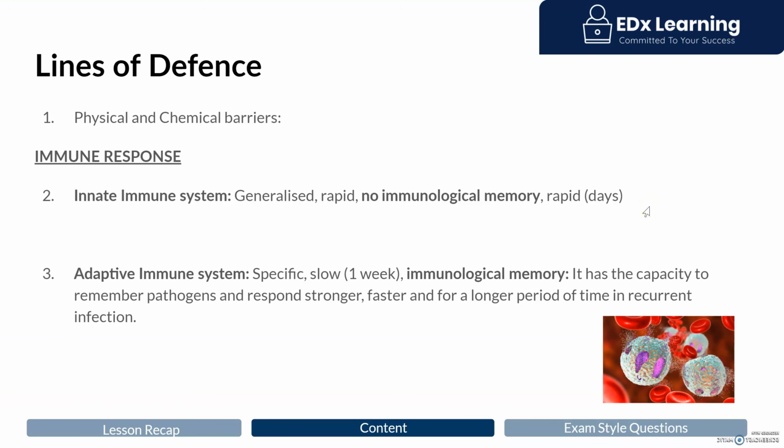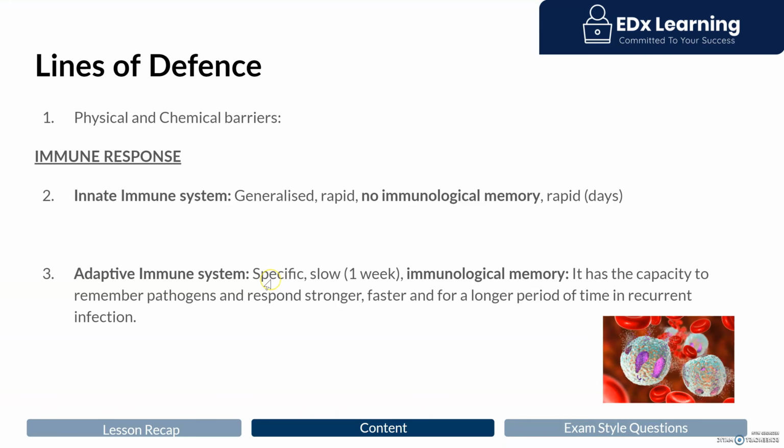No matter how many times you're exposed to a particular pathogen, it'll respond the exact same way. And that is why we say it has no immunological memory. It doesn't have this amazing ability to remember a pathogen and respond stronger and faster the next time. That's a very unique and intricate feature that your adaptive immune system has, which is your third line of defense.